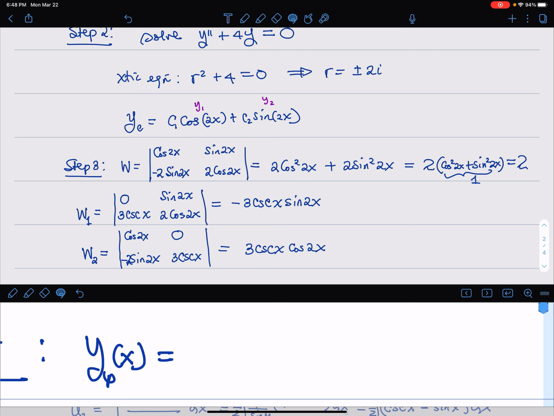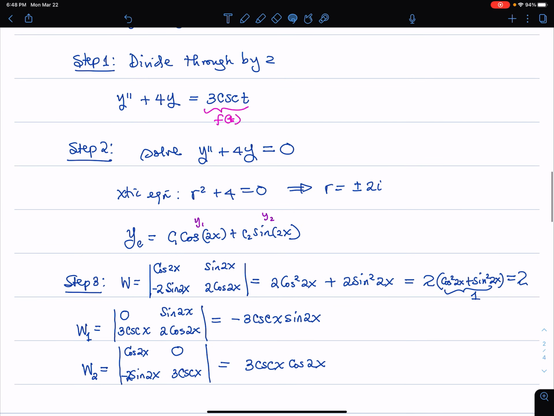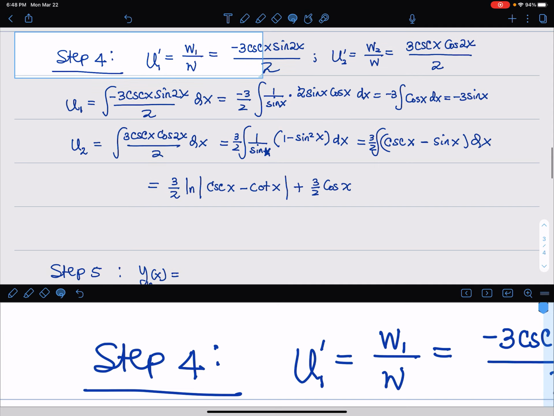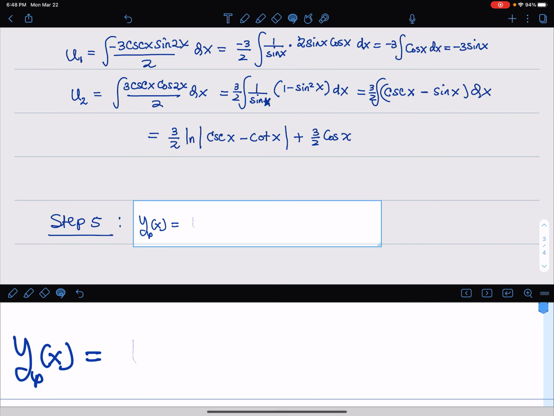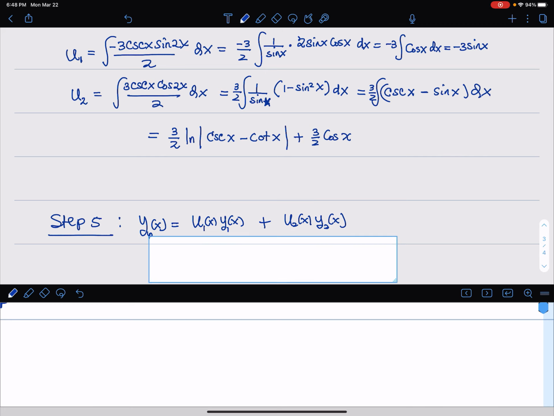First of all, let's get our y1 and y2 in order. y1 is just cosine 2x. So it's going to be u1 of x times y1 of x, plus u2 of x times y2 of x. Let's not be lazy.